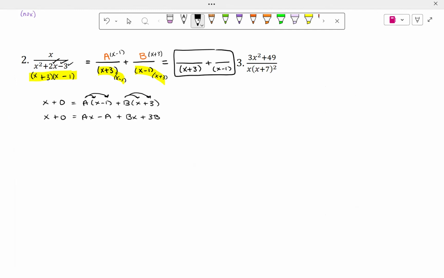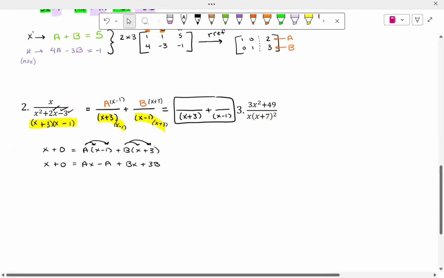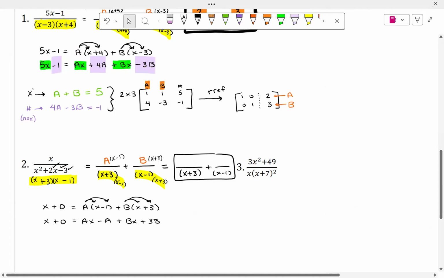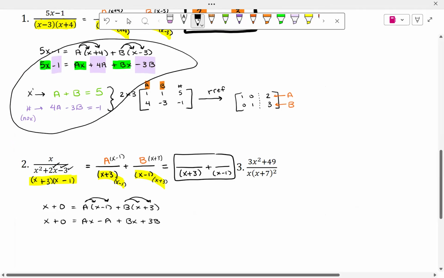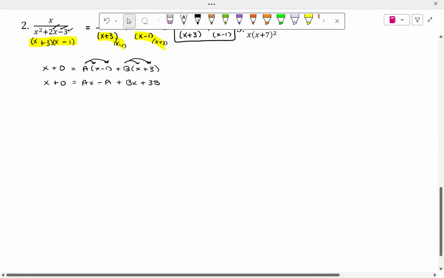At this point then, I'm going to do this process where I take off my x terms and write them as a row, and take off my constant terms and write them as a row. Okay, so I'm going to start with x's. I have x values of x, ax, and bx.